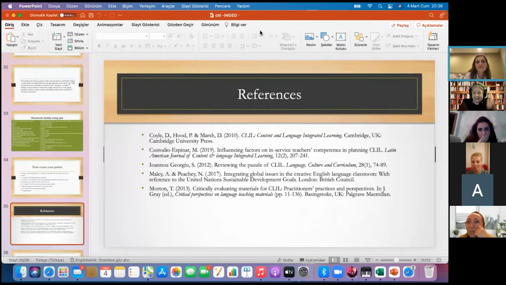While we are waiting for the others to come up with their questions, I have one for you. You know that I am a huge fan of CLIL, and whenever I present CLIL, I usually encounter the question: how is it different from topic-based or theme-based teaching?